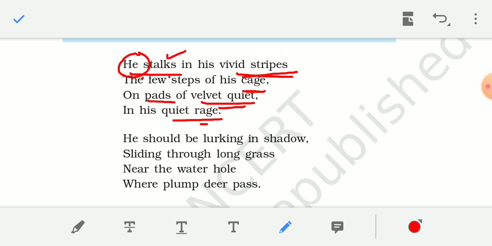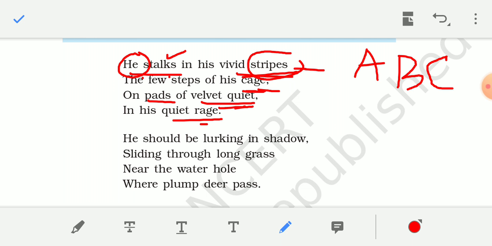Okay, now let's see here the rhyming scheme. Here first one, let's see here. First stripe, the stripe we give a, then cage. Cage is not rhyming with stripe, so here the word cage we give b. Okay, then next we go to quiet. Quiet is also not rhyming with the word stripe or cage, so we give it c. Then now we move to the last word, that is rage.